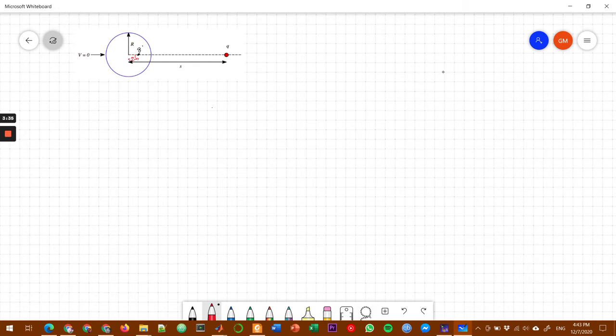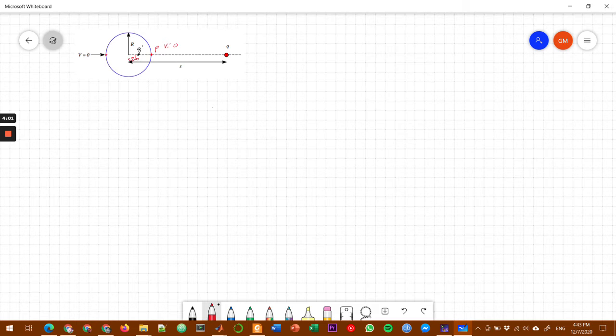So, to get Z prime, let's have a look at this. Atong i-calculate, we know unsay given man nga ang potential dira at P, let's say at P, ang potential ni ana is 0. And then another thing is, if inline ka you can get the distance.